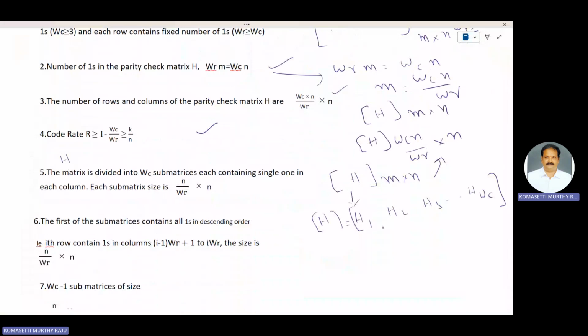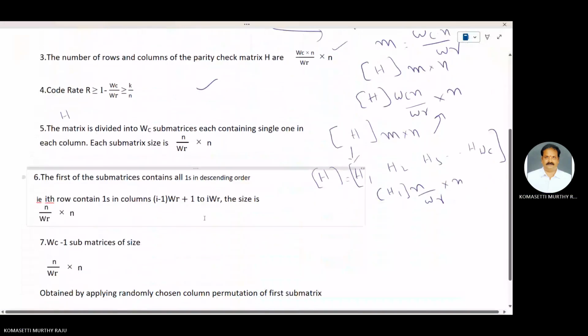Each submatrix size, that means this one, sub H1, size is N by WR cross N. The first of the submatrices contains all ones in descending order. The submatrices are H1, H2, H3, and so on, up to HWC.